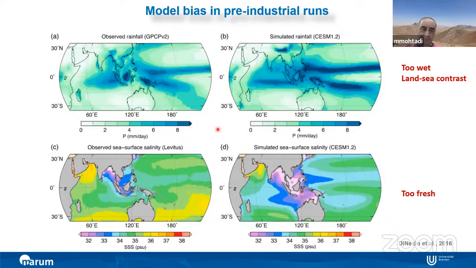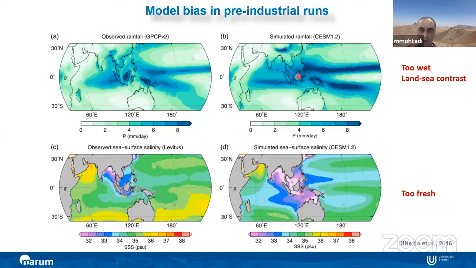This results in pre-industrial runs like this. This is basically the skill set of the models. This is a CCSM 1.2 model, CMIP5 model generation. This is the observation, rainfall over the Indo-Pacific Whirlpool on the left-hand side, and the right-hand side is the modeled rainfall. Obviously, rainfall over the ocean is much higher in this model compared to the observation.